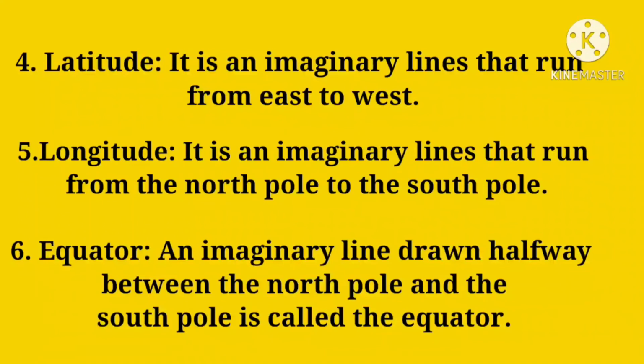So, if we talk about equator, what is equator? That is a halfway, an imaginary line that we draw halfway between where and where? Between the North Pole and the South Pole.